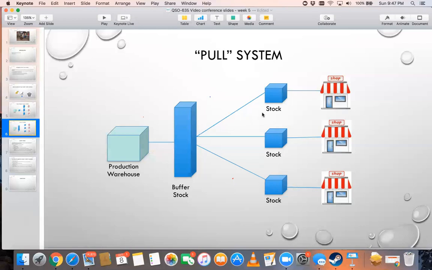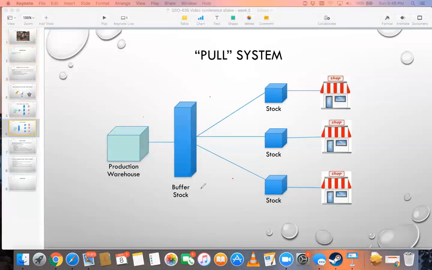Obviously, the buffer stock is larger. Now, this is basically symbolic. It isn't always the largest. But what this says is that the vendor is in control of what is pulled to it.